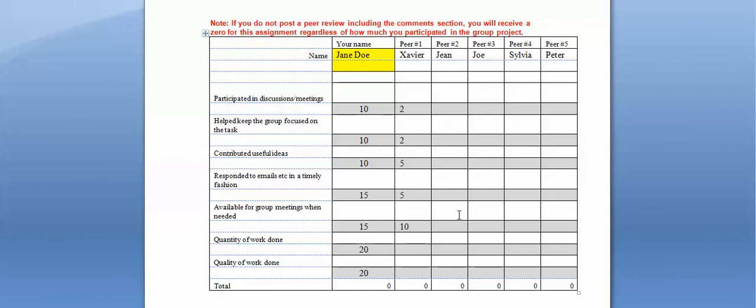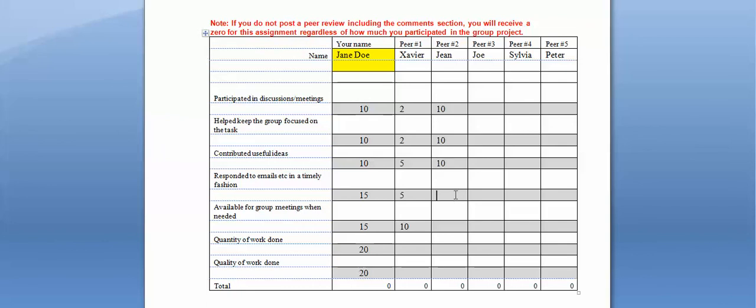I think you get the idea. And let's say Jean was very active, participated in everything. I may actually give her a 10 across the board on helping us stay focused, on being able to participate, contributing useful ideas.